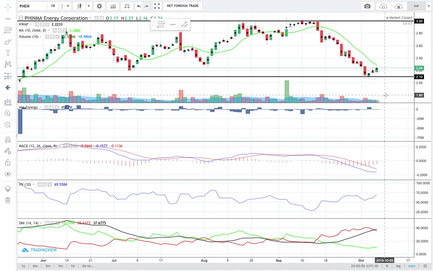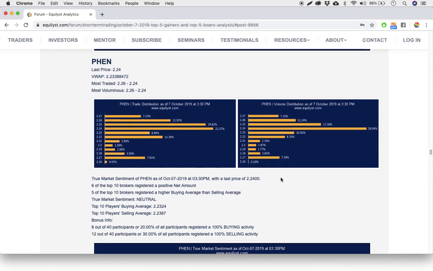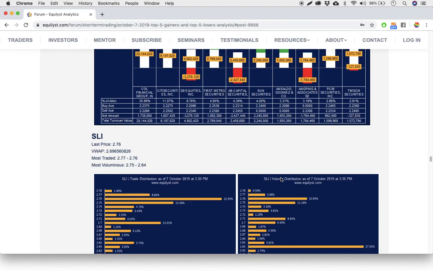That's why you must take advantage of your access to our private clients forum by requesting your stock's latest TVD and TMS charts. Okay? For now, like I said in the beginning, PHEN is not yet completely out of the woods. There's still a tug of war between the bears and the bulls.